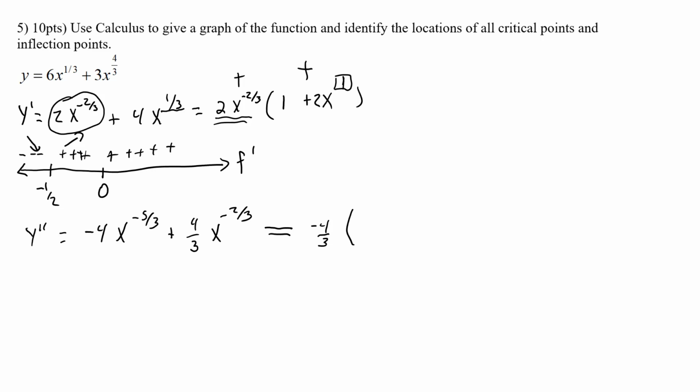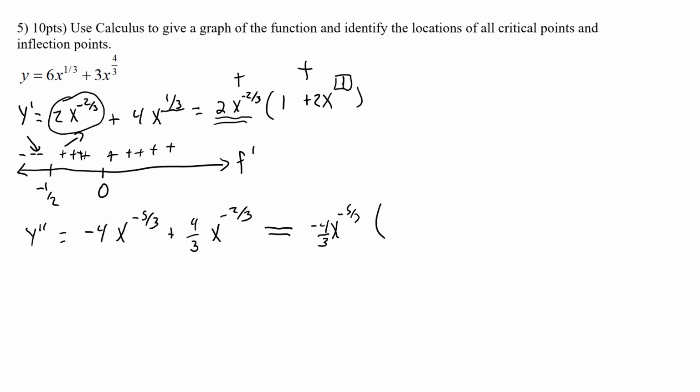And then you could ask yourself, negative 4/3 times what will give me x to the negative 5/3? I'm sorry, we're going to factor out the smallest exponent, x to the negative 5/3.